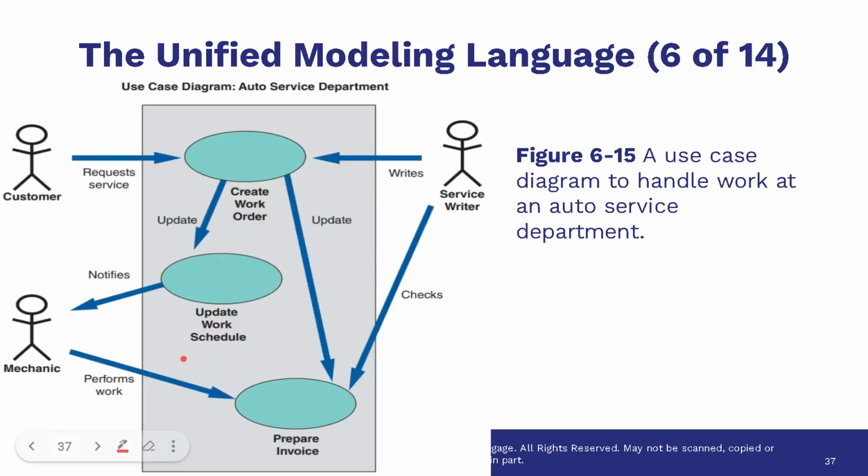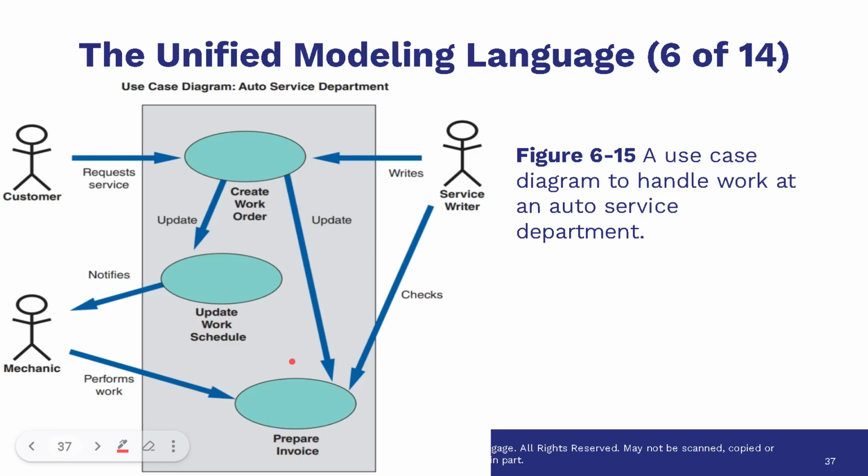Here we have a boundary around your system. Here's what the system does. Kind of like the data flow diagram, I have my entities interacting with my system. Similar to the data flow diagram, the information I'm requesting or giving to the system from these external entities or actors. And here's what my system does inside.